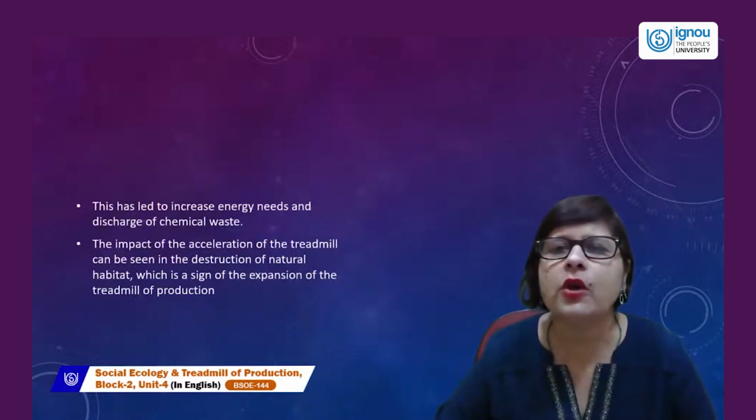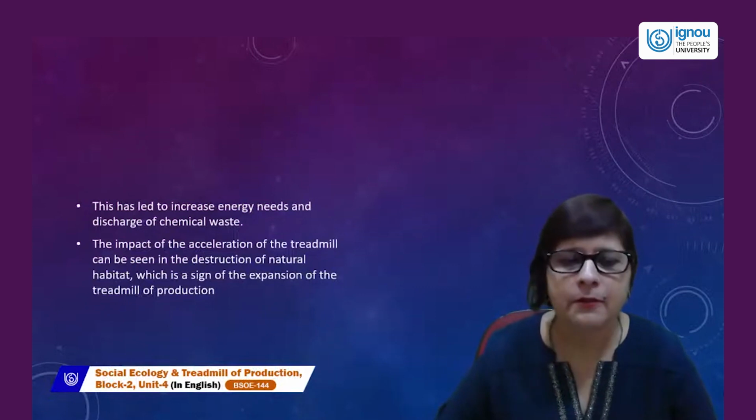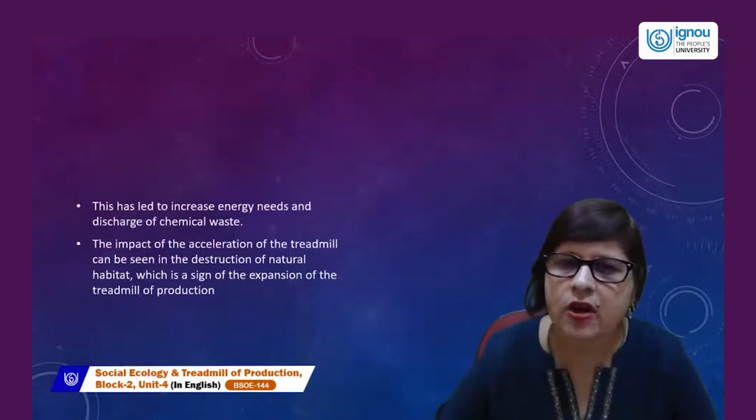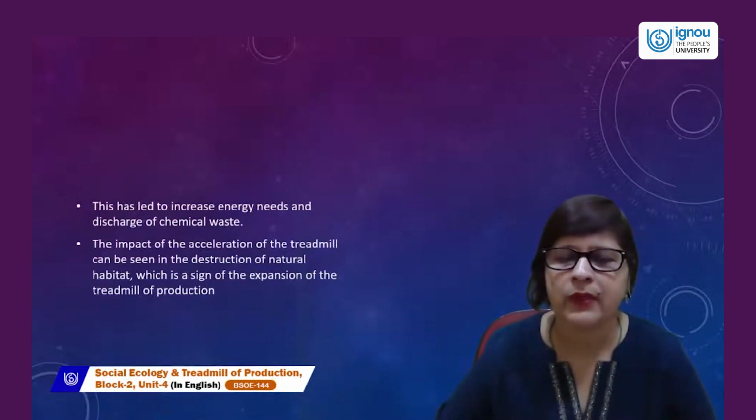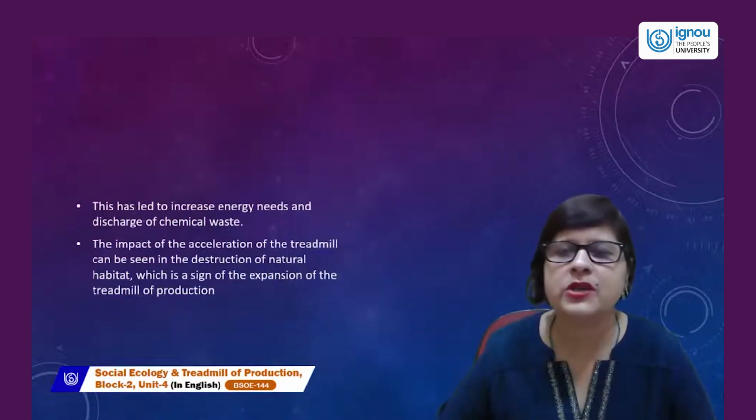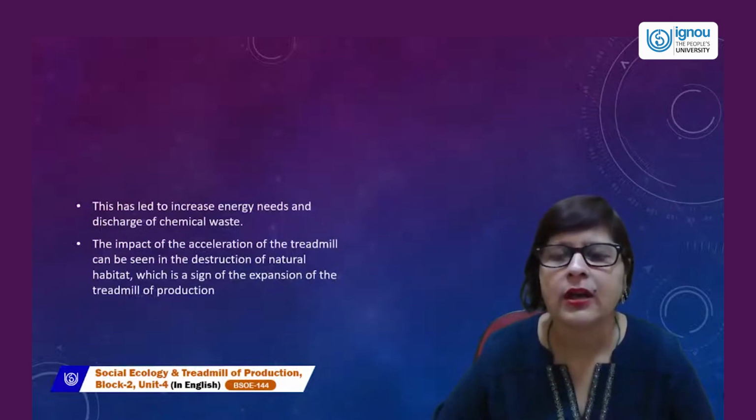And the impact of the acceleration of the treadmill can be seen in the destruction of natural resources or the natural habitat, right? Which is a sign of expansion of treadmill production.